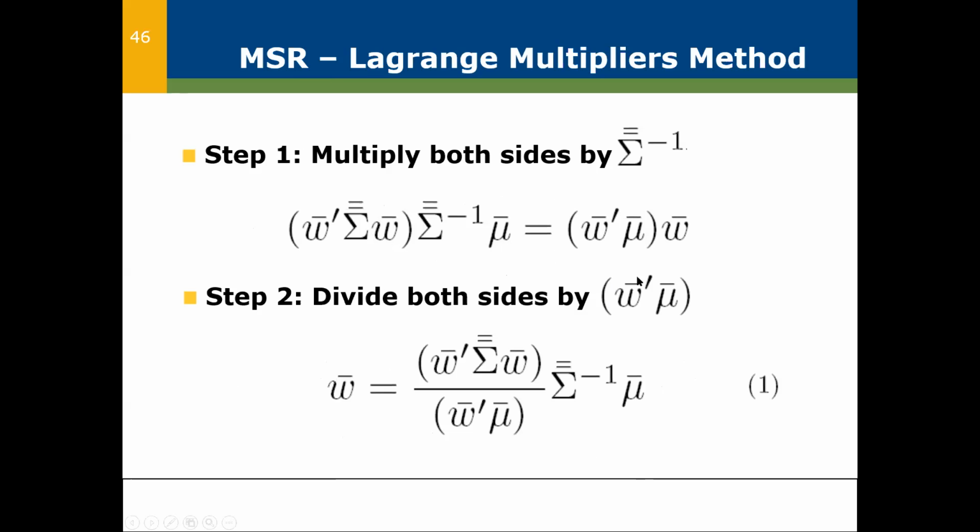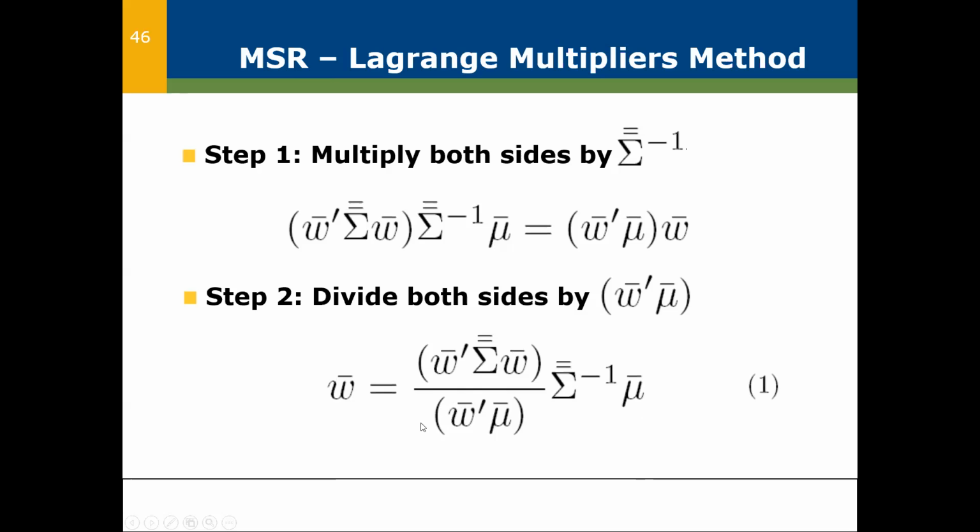So I divide both sides by this scalar, and that gives me an expression for the weight vector on the left-hand side, and then a bunch of stuff on the right-hand side. But we know that this is a scalar and this is a scalar, and then this collapses down to a vector.